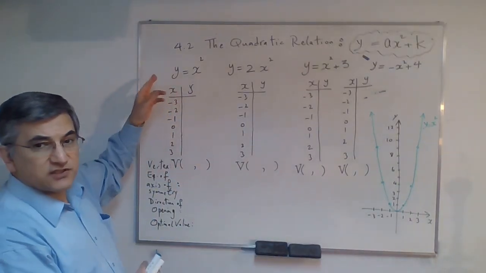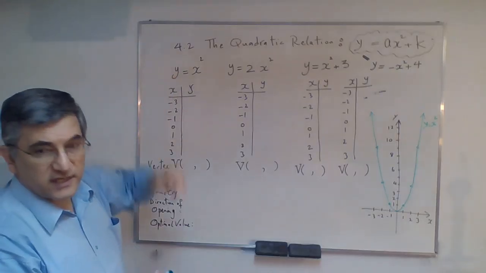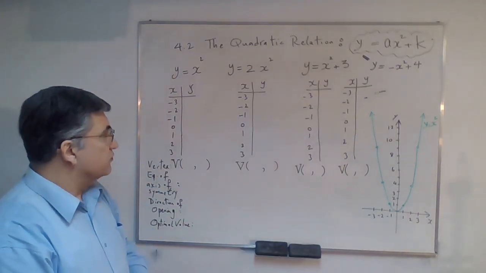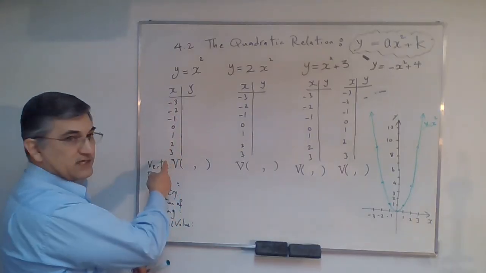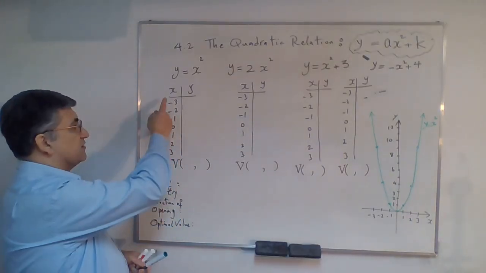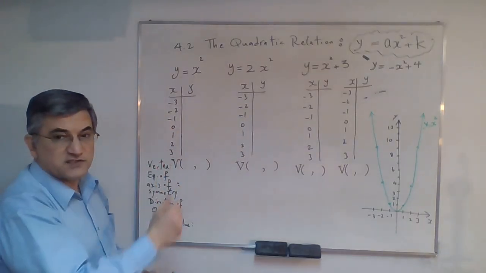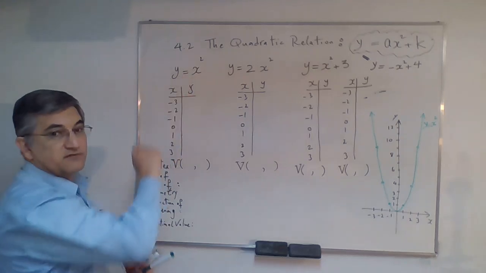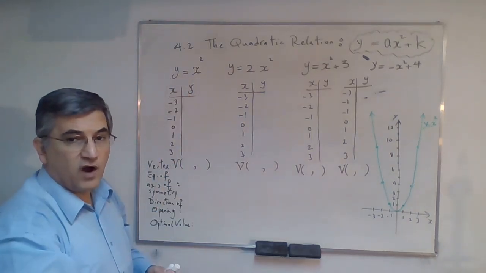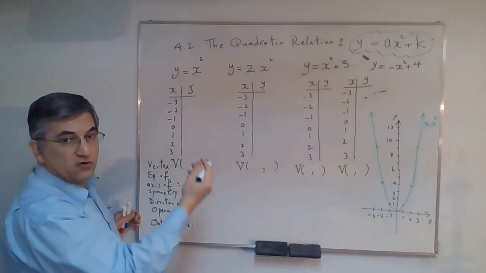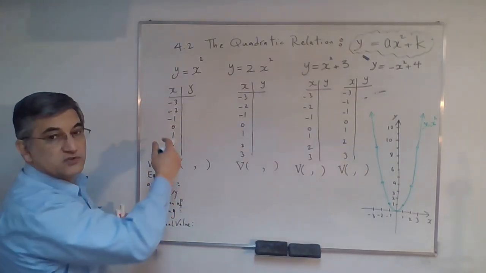In the past lecture, if you recall, we graphed y equals x squared. We said that if you select different x values, such as -3, -2, -1, 0, 1, 2, 3, a few negative, a few positive numbers, and you plug in for x and calculate the value of y, you would end up with the y coordinates of the points on the graph.